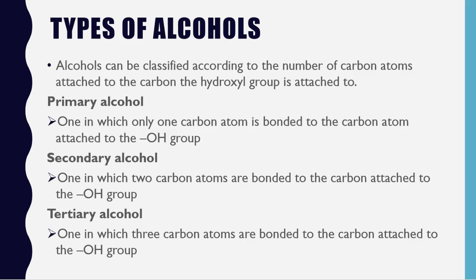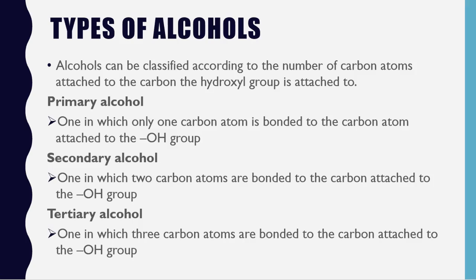So our primary alcohol is one where the OH group is attached to a carbon. Now that carbon is only bonded to one other carbon. So it's a terminal alcohol where it is attached really to the end carbon. The next type we have is our secondary alcohol.